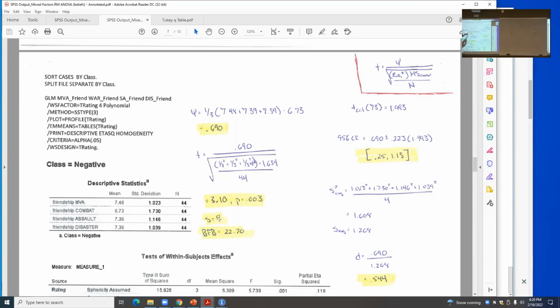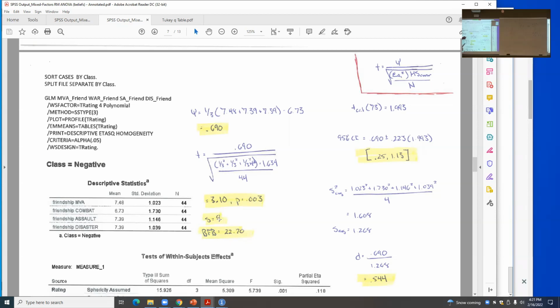Because we've specified a standard set where the sum of the absolute values of our weights sums to 2, we can interpret this on the same scale. And so what we're seeing is that on average, for individuals in the negative group, they're rating combat as 0.69, a little over a half a point, between a half and 3/4 of a point lower than the combination of the other 3.